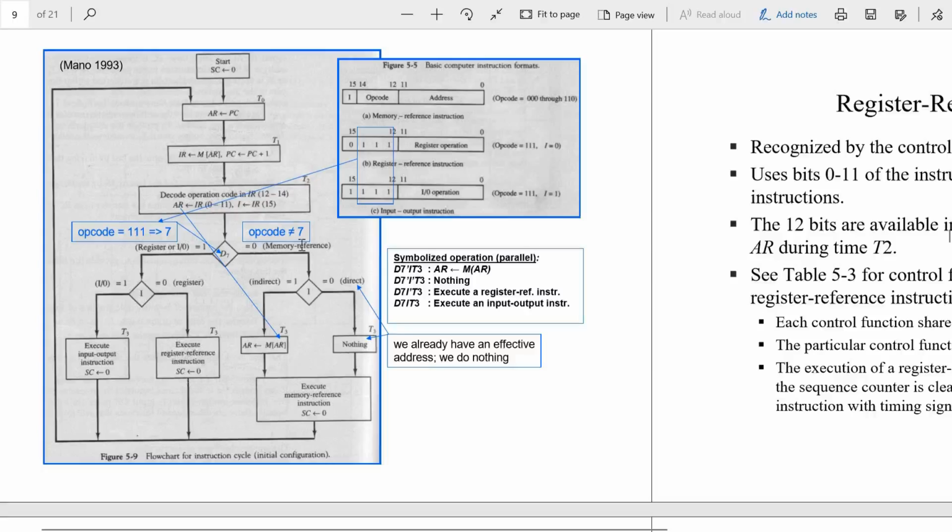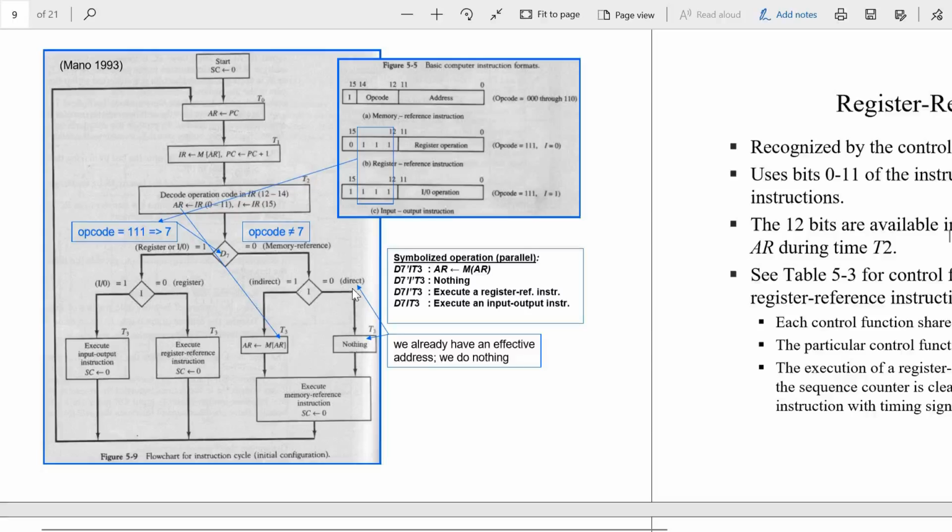So coming to this one, memory reference. Here the checking condition is used for executing memory reference, but here two different operations are there. We are going to check the I field. If it is 0, direct addressing, and if it is 1, indirect addressing. If it is direct, automatically we identify the effective address.